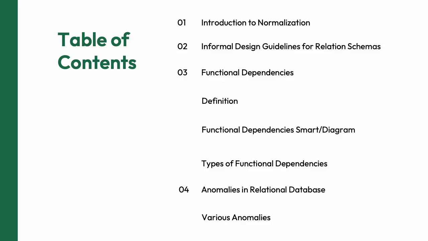introductions to normalization. In this section we just talk about the basic concept, why we do normalization in a database, and then we will look into some guidelines for relation schemas, and then the functional dependencies, which includes the definitions, what they look like, and some types of functional dependencies.